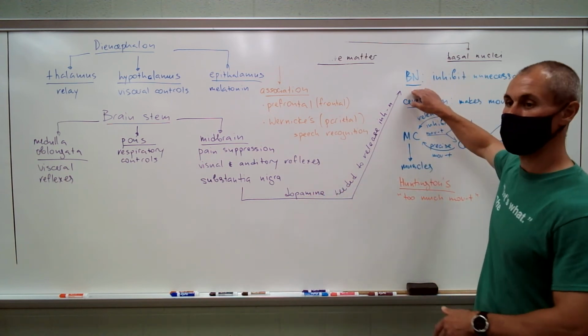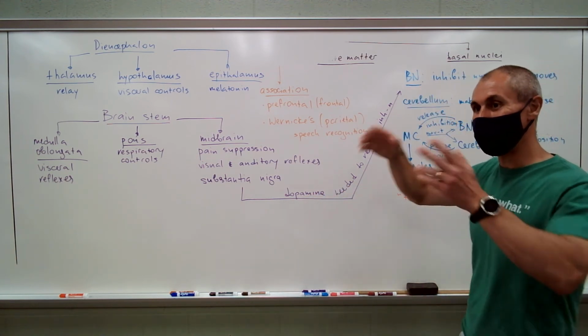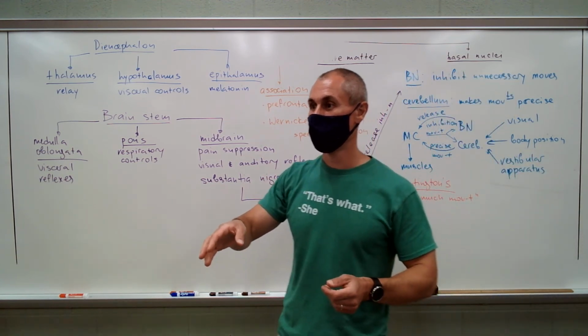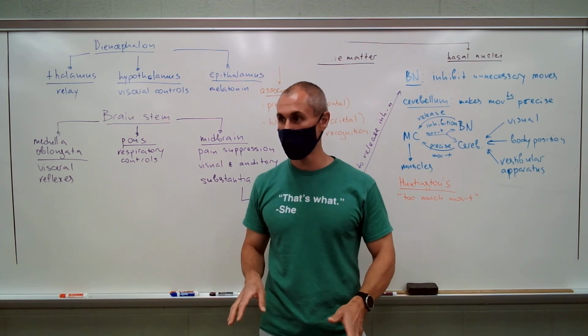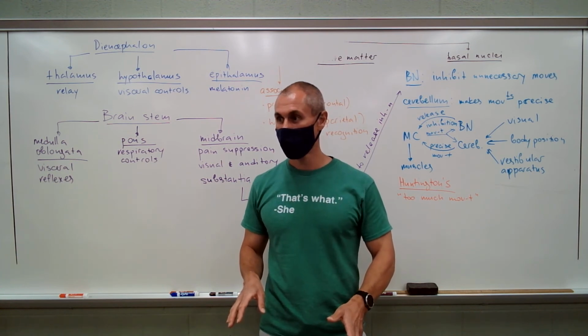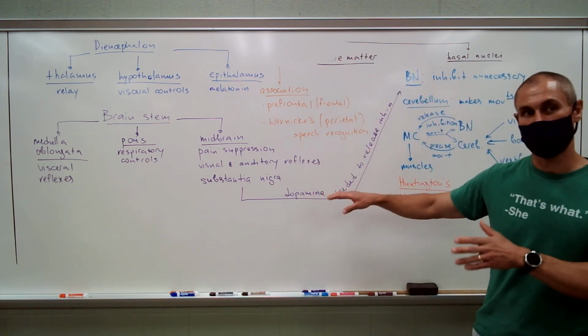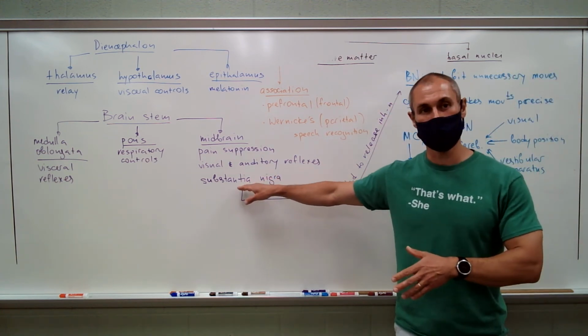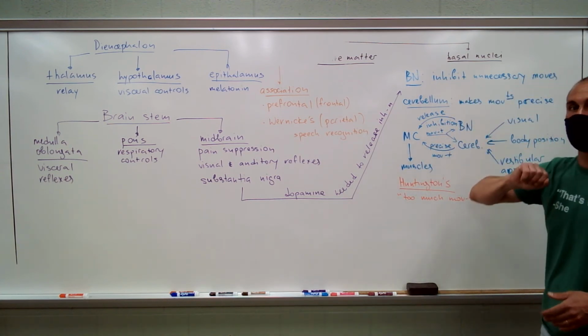Dopamine reaches basal nuclei and tells them, hey folks, release the inhibition on these muscles. Are you with me? So generation of the dopamine by these neurons is absolutely critical for the proper function of basal nuclei.